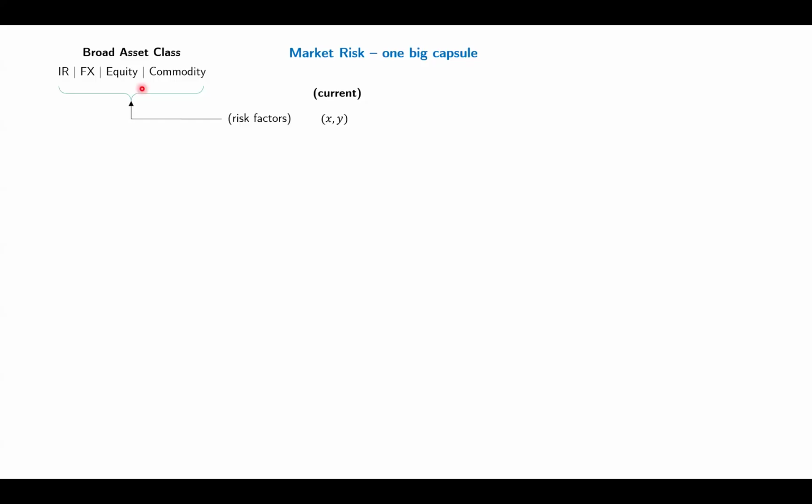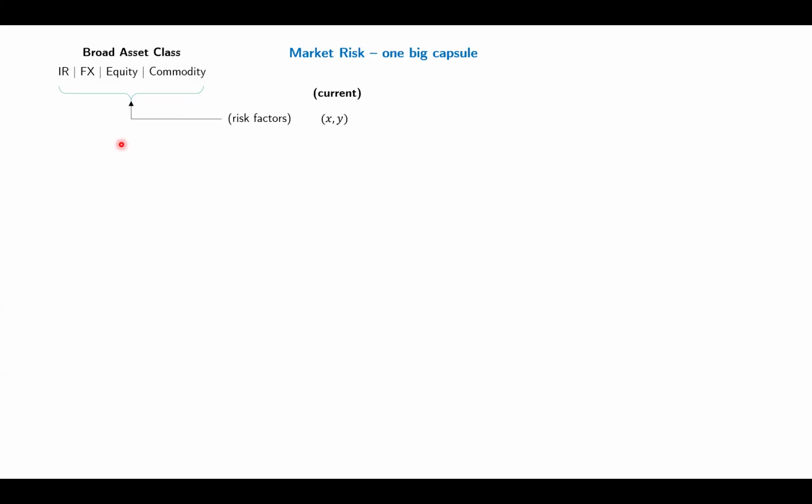Similarly, if we go to equity, can you name two types of risk factors in equity? Equity price, yes, or you can say equity spot price. There is one more which is specific to options.